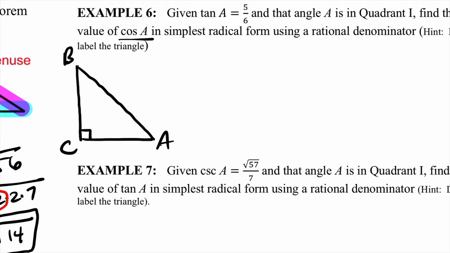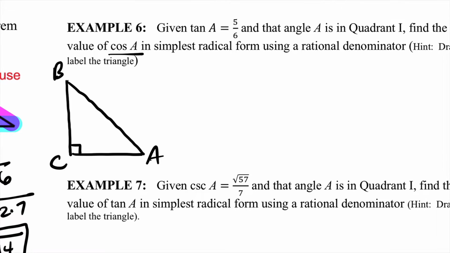Okay? And then they said, hey, when you're at angle A, the tangent should be 5/6. Well, tangent is opposite over adjacent, right? So opposite of A, there better be a 5.